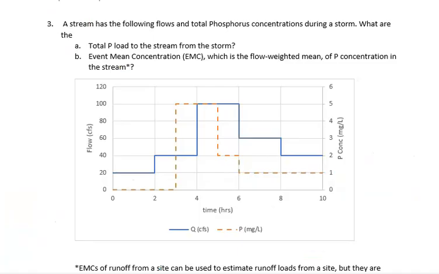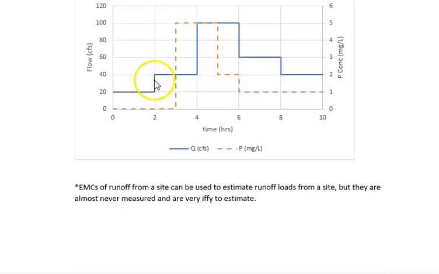So this last one, and you probably want to lay this out in a spreadsheet. So we have total phosphorus load in mass to the stream from this storm. And then we want to know the event mean concentration, which is the flow weighted mean, or it's the mass of phosphorus divided by the total volume, which is used for some things, not used that much anymore.